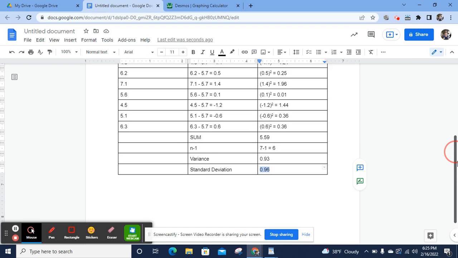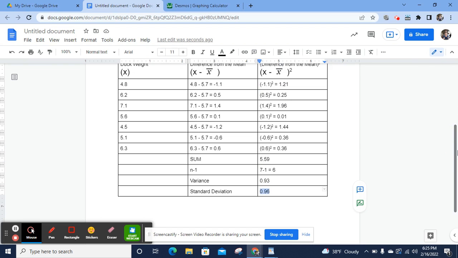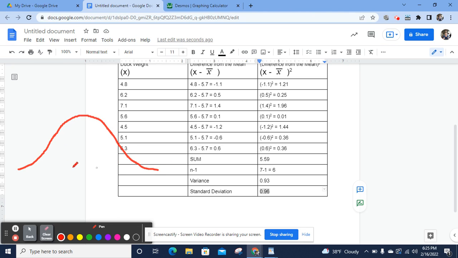And with that standard deviation, we can figure out how spread out the population is. If we assume that we have a normal distribution, a normal distribution looks something like this in the population. So over here is the high end, and over here is the low end. Right here is our mean.